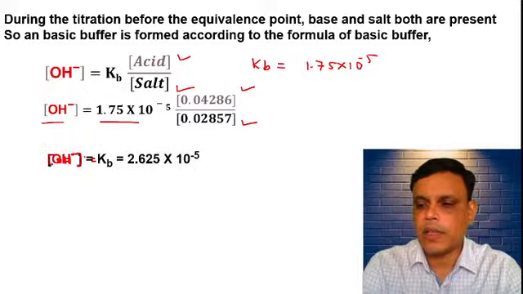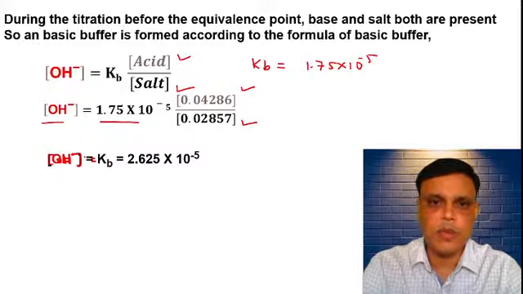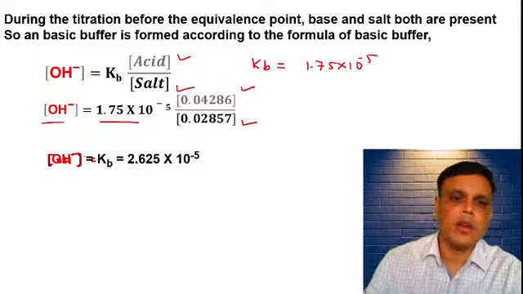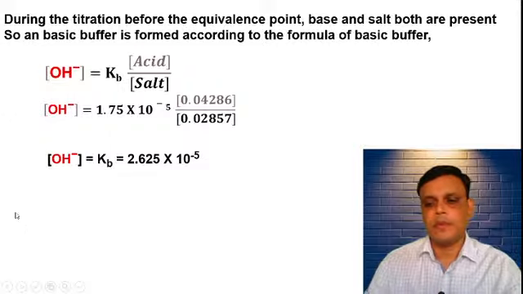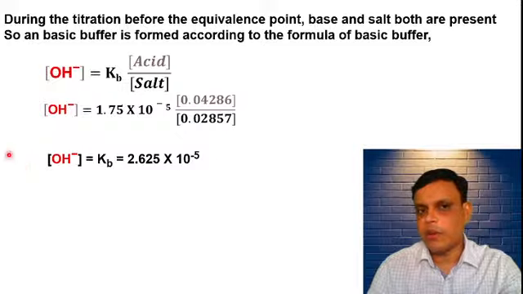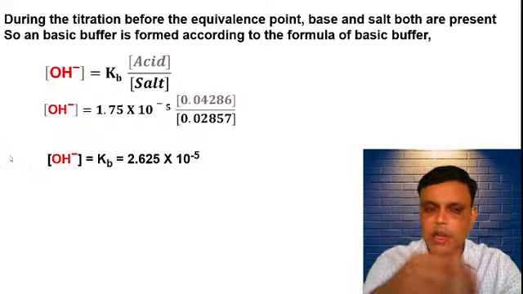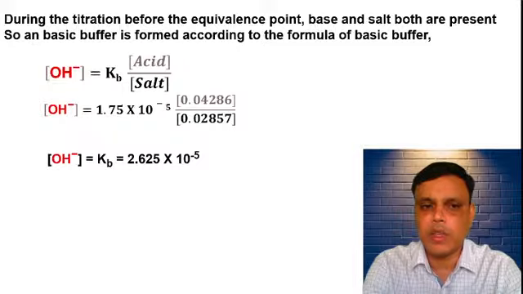Correct. 2.6235 into 10⁻⁵. This is your concentration of OH minus ion. Okay? Correct. Very good. Now you know the concentration of OH minus ion, you can calculate the pOH, because mathematically pOH is nothing but the negative log of the OH minus ion concentration.